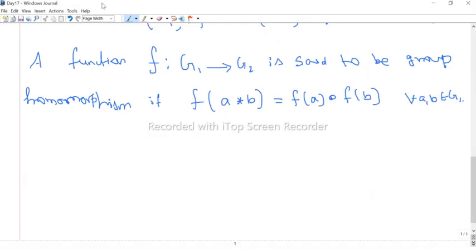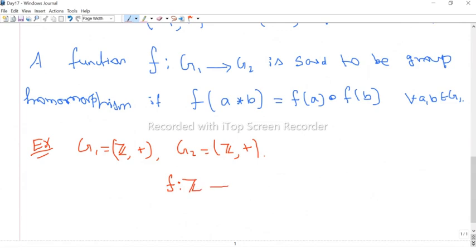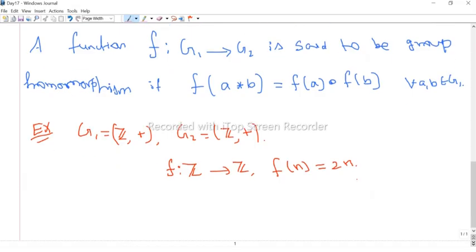So for example, if we take G1 as the set of all integers with respect to addition, and G2 also the set of all integers with respect to addition. Now we define a function F from Z to Z defined by F of n equal to 2 times n for all n. Now we have to prove that this function is a homomorphism. If you take any two elements n, m, then what is F of n plus m?